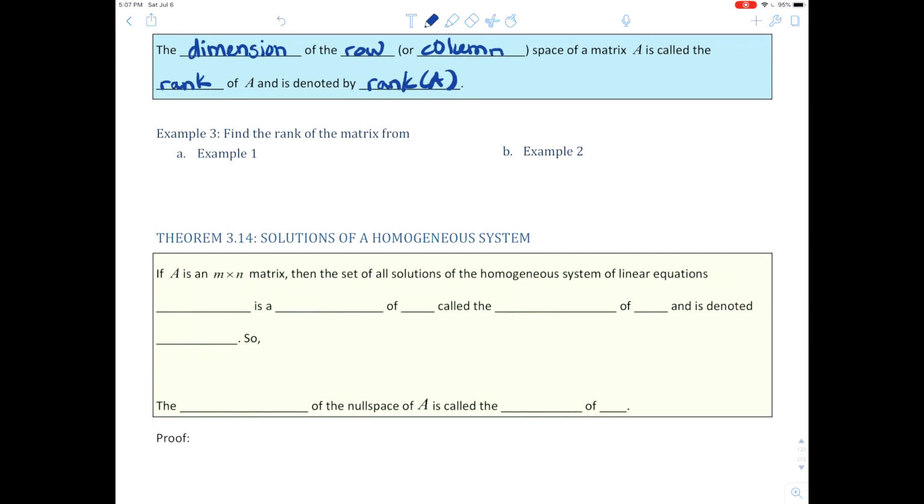All right, well, we already looked at that. Find the rank of the matrix from example 1. Wasn't it 2 in both cases? Because there's 2 vectors in the row space or the column space. So for each of these, we get 2.